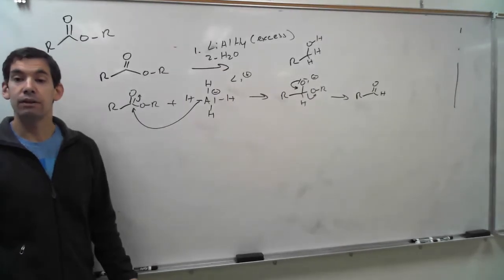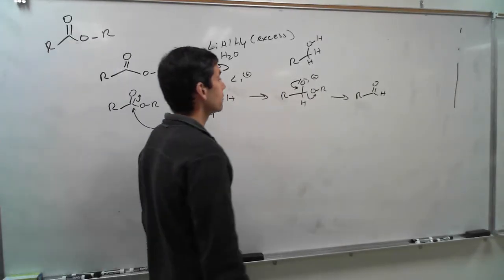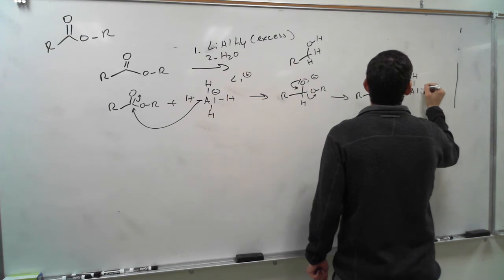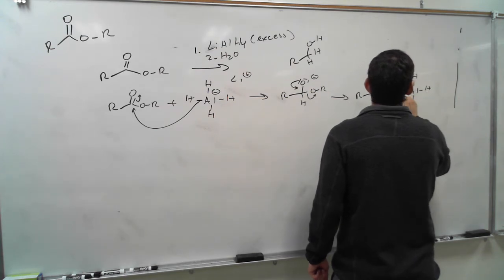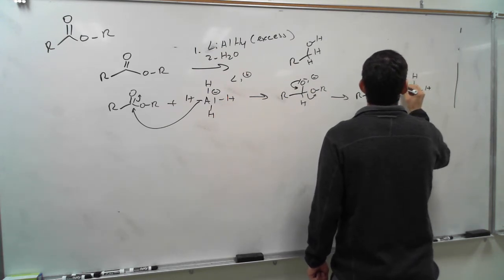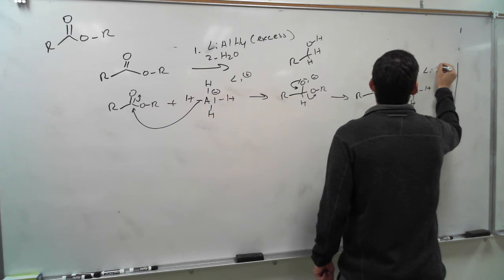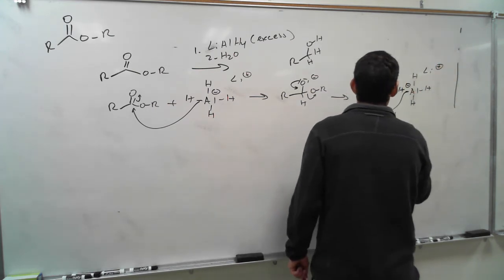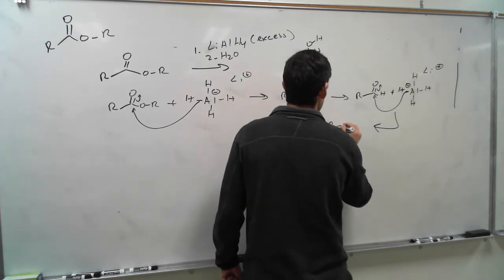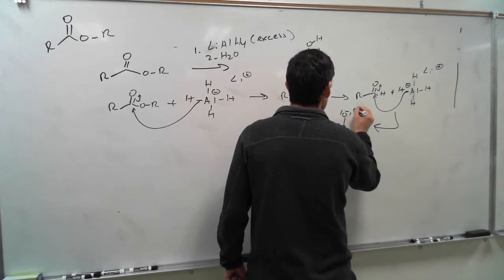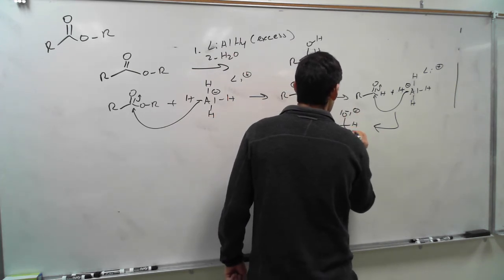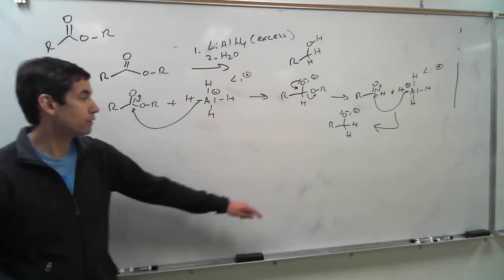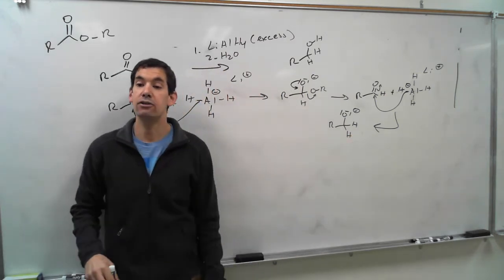Again, the aldehyde with lithium aluminum hydride is going to react again. And look at that. Now we have those two hydrogens attached. Both of these hydrogens came from our lithium aluminum hydride.